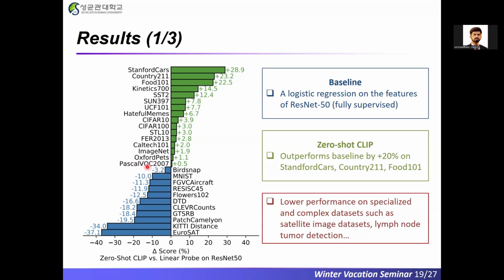Like until Pascal VOC 2007, it has a positive performance. So it outperforms the baseline by 20% on these. Like for example, for some of the datasets like Stanford Cars, Country211, Food101, it performs even better than this baseline, right?